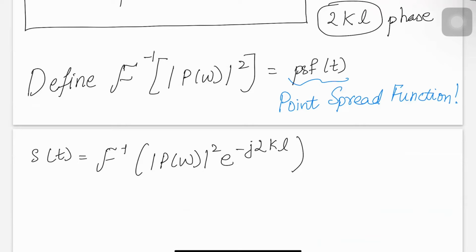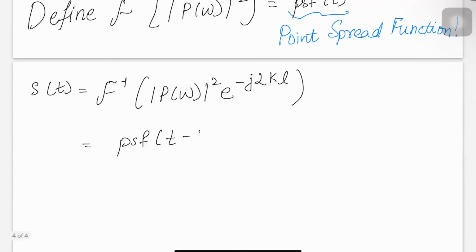And with this new definition of the point spread function, this is nothing but the PSF of T minus 2L over C. Again, I'm using the time translation property of the Fourier transform, in this case the inverse Fourier transform.